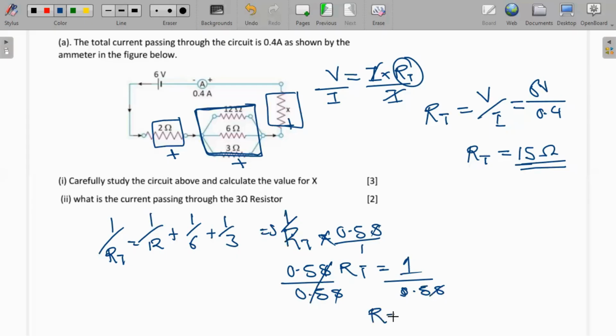That means our total resistance will be equal to 1 divided by 0.58, which is 1.72, not 1.71.